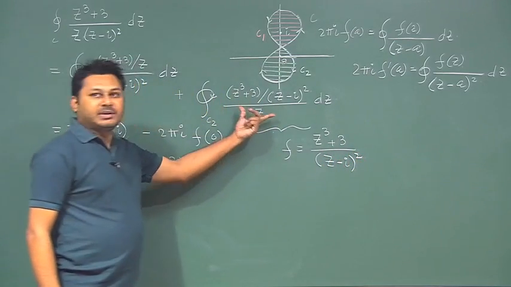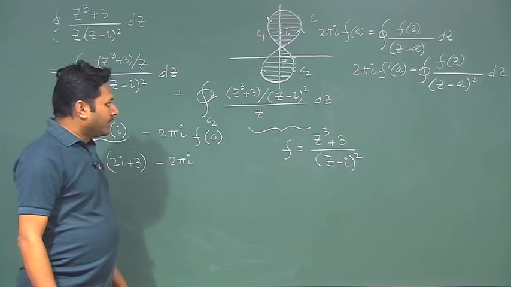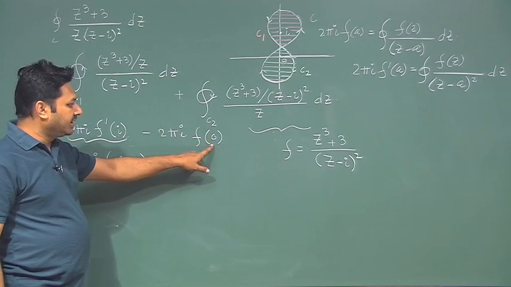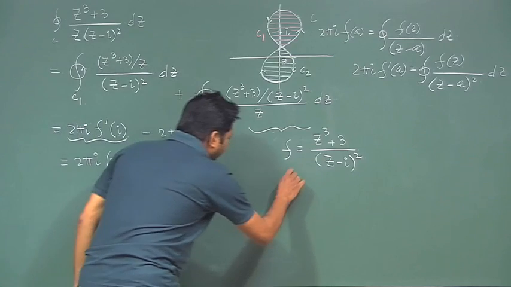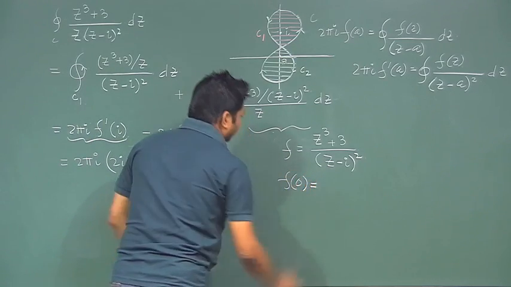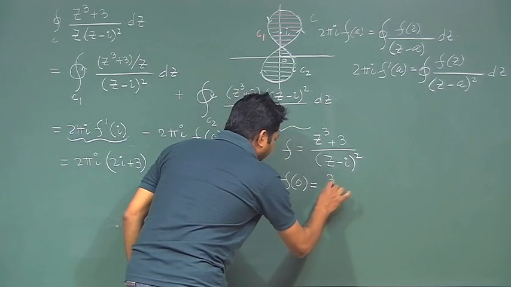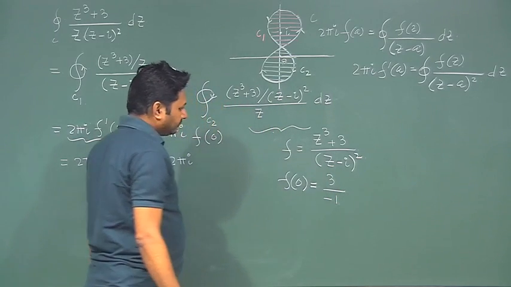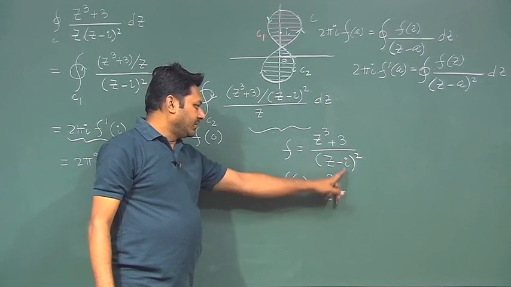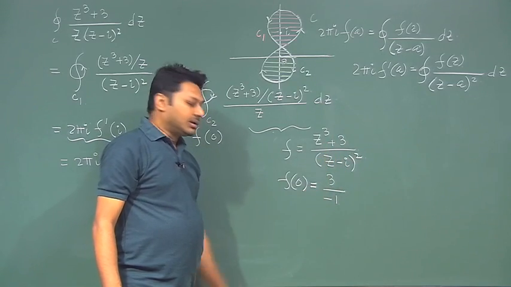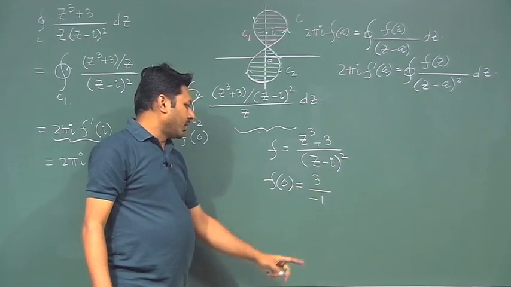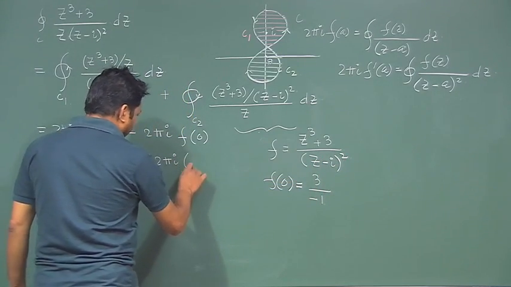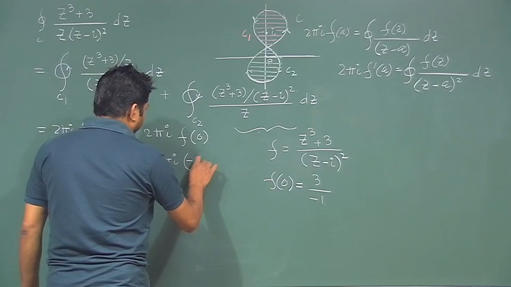This is my f for this particular form. Now, I need to put f(0) here, that means I just put z equal to 0 and then I am done. So, what is my f(0) here? If I put z equal to 0, it is just 3 in the numerator, and in the denominator, z equal to 0 gives minus i whole square, and i square is minus 1, so this minus sign will be compensated by the square. So, we will have a plus sign, and I should have something like minus 3. So, here I am getting something like minus 3.